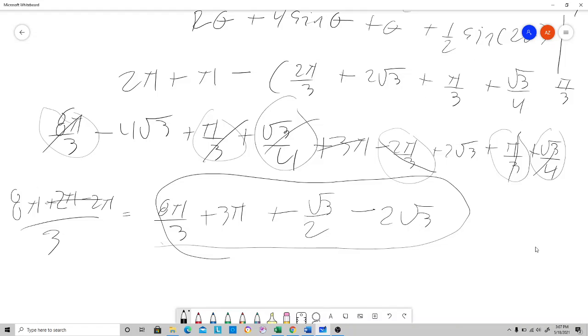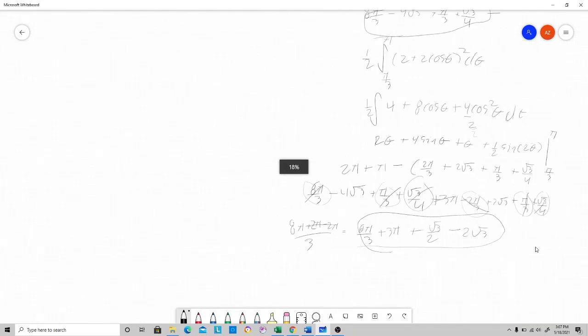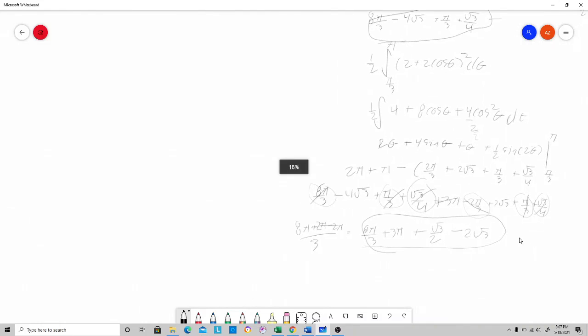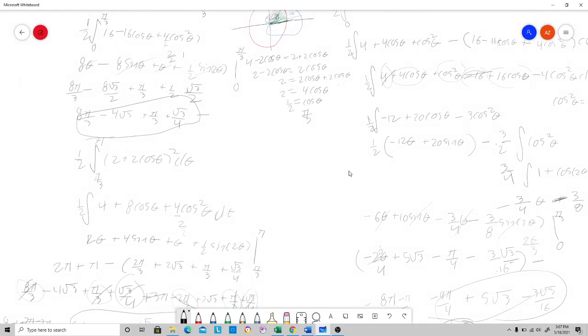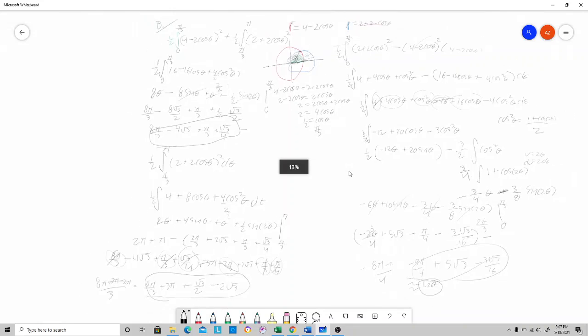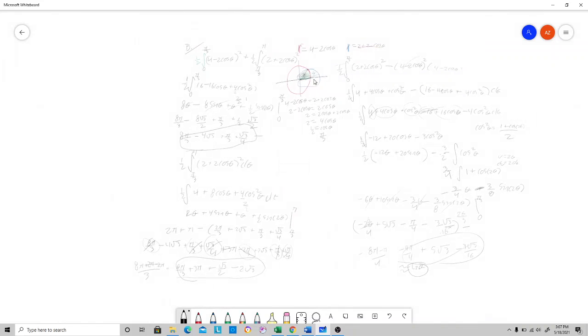So the biggest thing about this problem is that you want to recognize the regions that they both intersect, so you can find the appropriate values to put into your integrand. Yeah, and that's pretty much it.